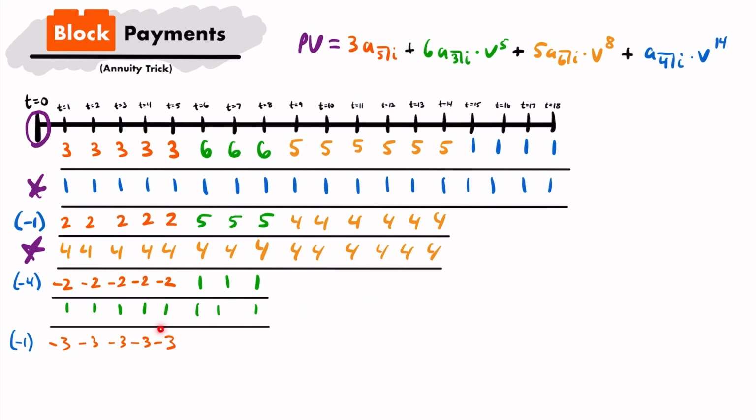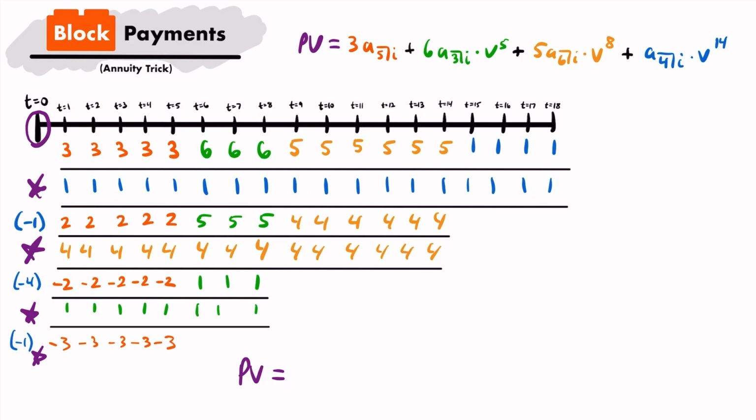And then we have our last 2 down here where we have 8 payments of $1 and 5 payments of -$3. And so we can calculate the present value of those payments like this. Since each of those 4 streams of payments start at time 1, we can just use our regular annuity immediate notation and not have to multiply by any present value factors.